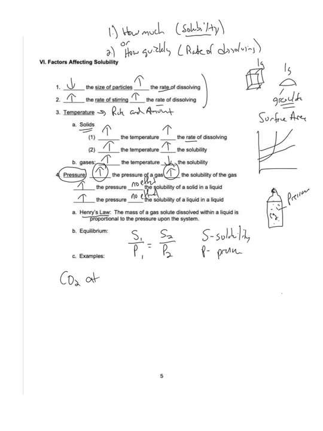let's say we'll keep it at 20 degrees Celsius. 0.10 grams of carbon dioxide will dissolve in 100 grams of water at 20 degrees Celsius at 1 atmosphere. What will be the new solubility of carbon dioxide per 100 grams of water at 20 degrees Celsius if the pressure is increased to 5 atmospheres?